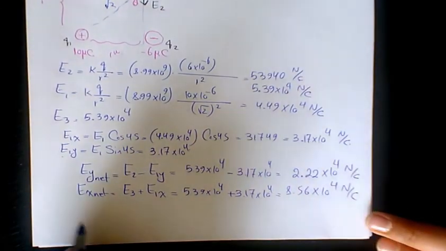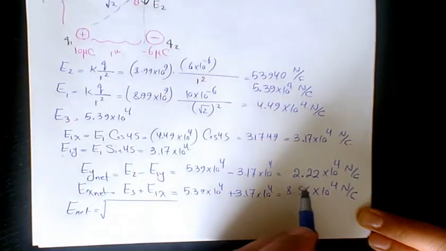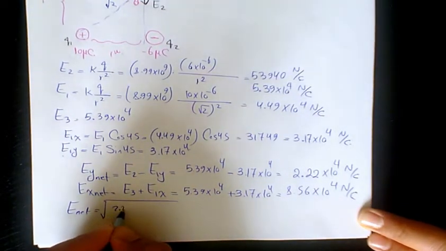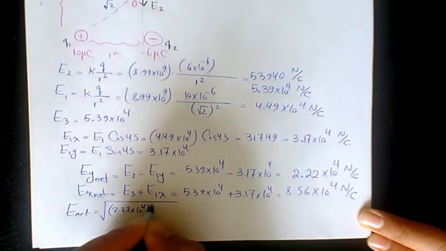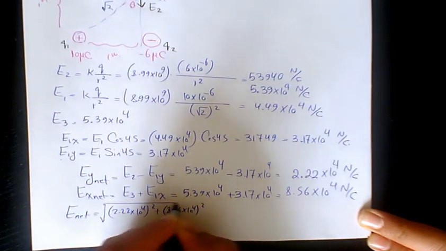Now if we want to find the E net in total, it's going to be the square root of Ex squared plus Ey squared: 2.22 times 10 to the power 4 squared, plus 8.56 times 10 to the power 4 squared.